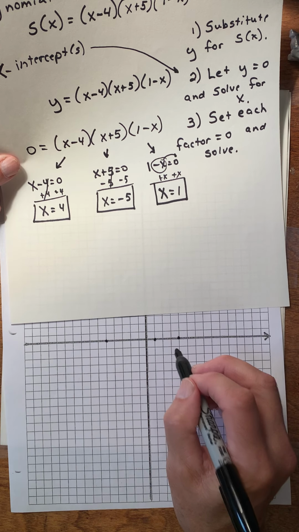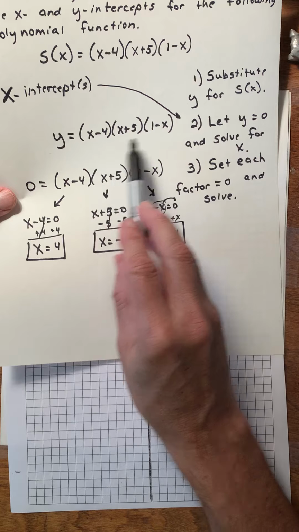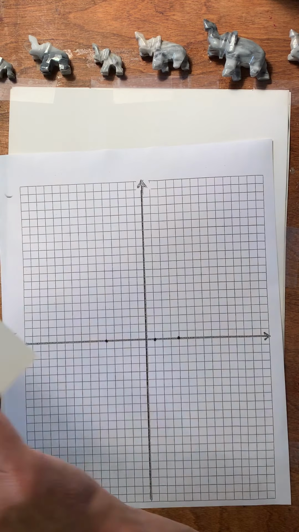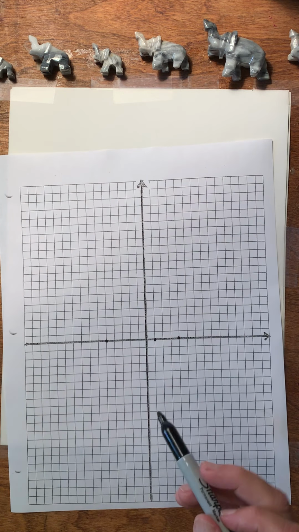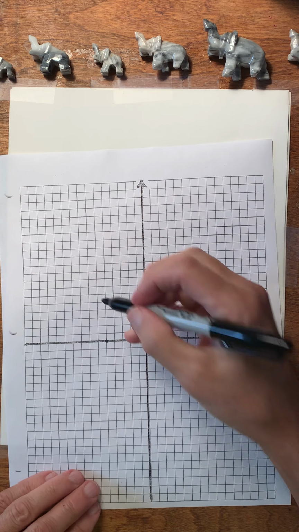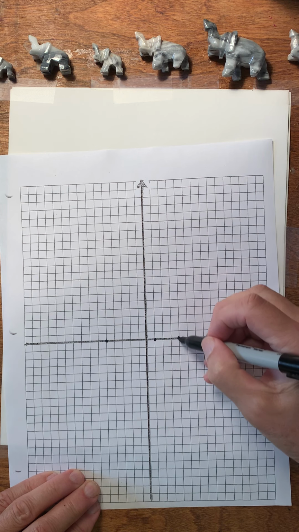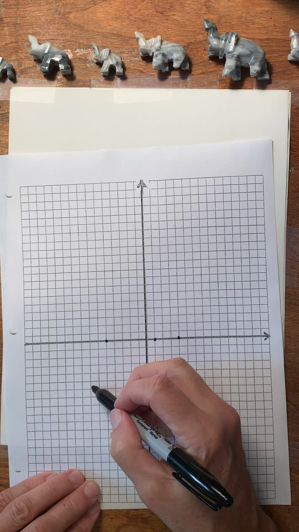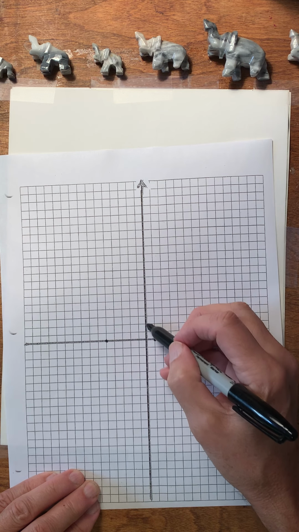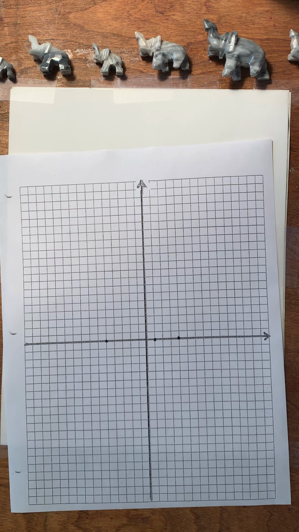All right, I've just found my x-intercepts. Now this is going to be some kind of strange curve, which means if it's going to cut in these 3 places, it's either got to come down, up, and back down, or it's going to go up, down, and back up. It's going to be one of those 2 things.